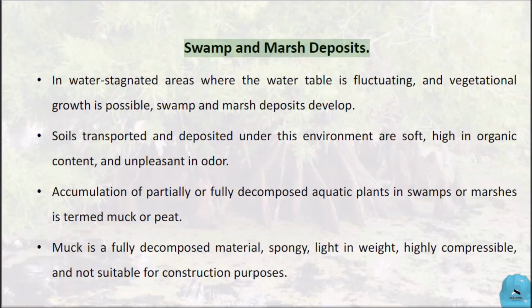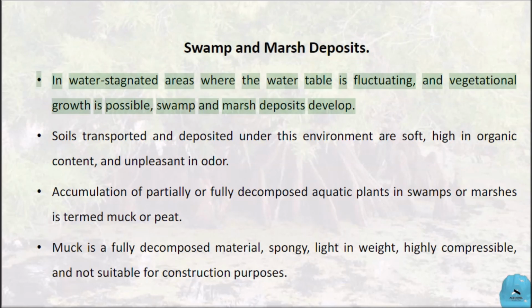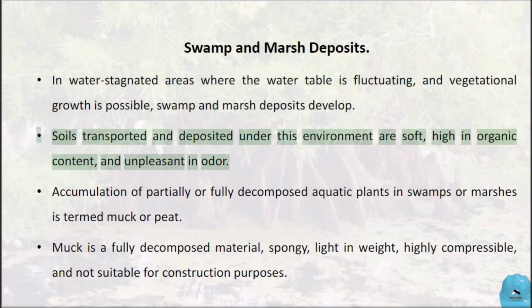Swamp and marsh deposits. In water-stagnated areas where the water table is fluctuating, and vegetational growth is possible, swamp and marsh deposits develop. Soils transported and deposited under this environment are soft, high in organic content, and unpleasant in odor.